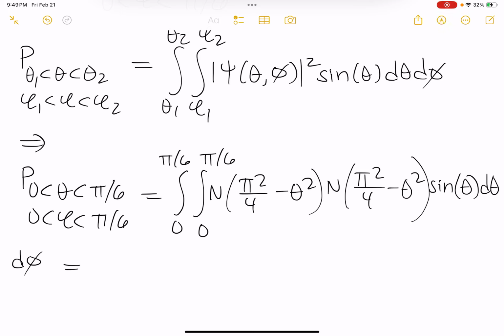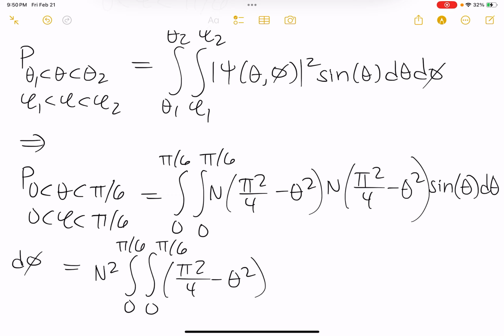We can collect terms here, and since N is a constant, we'll square it and factor it outside the integration. So 0 to pi over 6 on each of these integrals. And this term, there are two of them, so when you multiply them, we get (pi squared over 4 minus theta squared) all squared, sine theta d theta d phi.